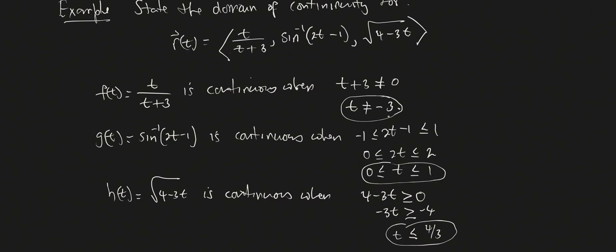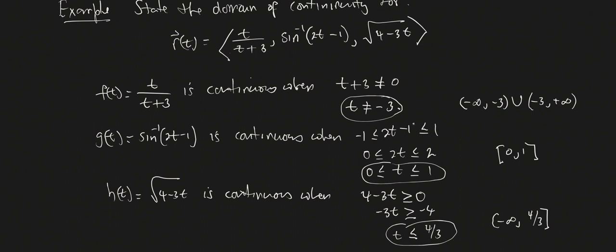So essentially, if you were to think of these as intervals, so if you wrote these using your interval notation, this one would look like this, right? So just take out the -3. This one would simply look like this using the square brackets, right, for the interval notation. And then this one would be this, so 4/3, like that.